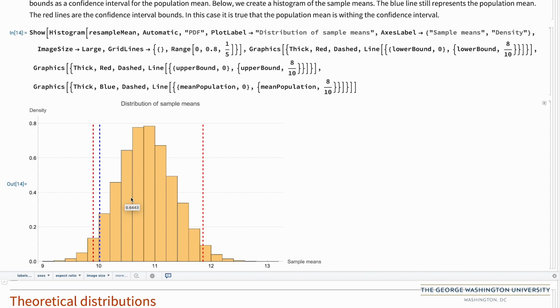And what you can see there in the red dashed lines, those are my confidence intervals of these 50,000 sampling means that have been generated by resampling with replacement. I get these bounds that contain the 95% most common values, and those will be my 95% confidence interval. And I've shown you the blue dashed line here. In this case, it so happens that we do capture the population mean within these bounds.